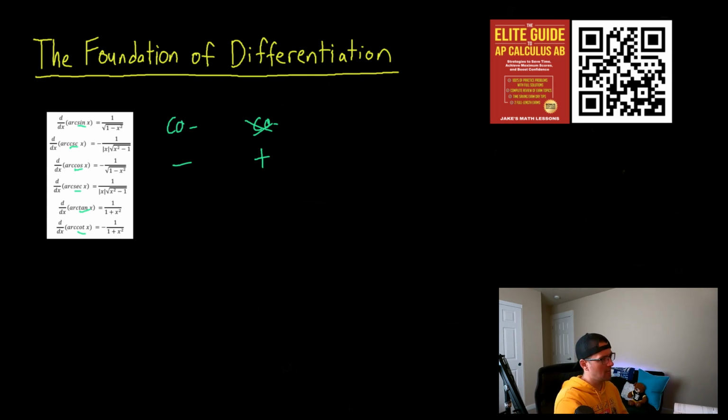Next, we can group these together. Let's group together sine and cosine, so arcsine and arccosine will be a group together. We will also group together cosecant and secant.